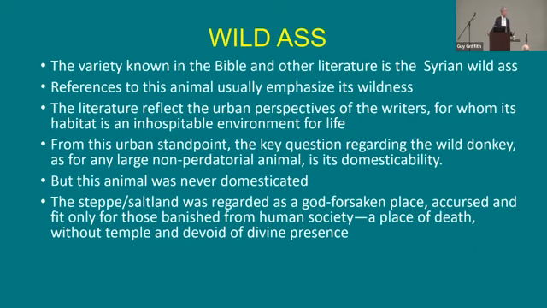Outside the city was chaos, and where the wild ass dwelt, that was chaos. For urbanites, when it comes to non-predatorial animals, especially large ones, the primary issue is whether or not they can be domesticated. But this animal was never domesticated.